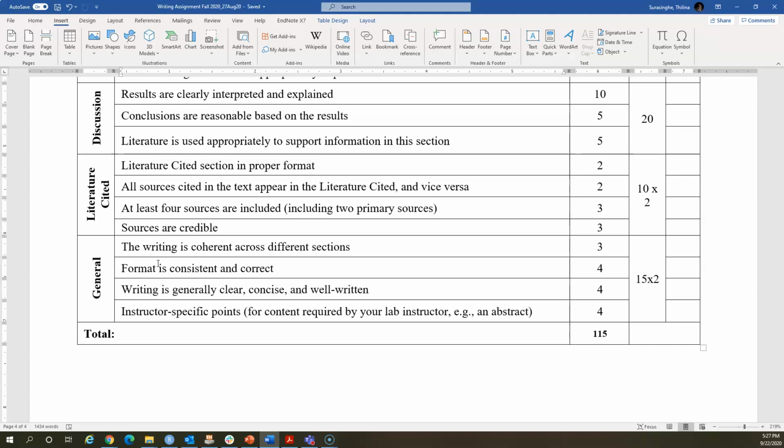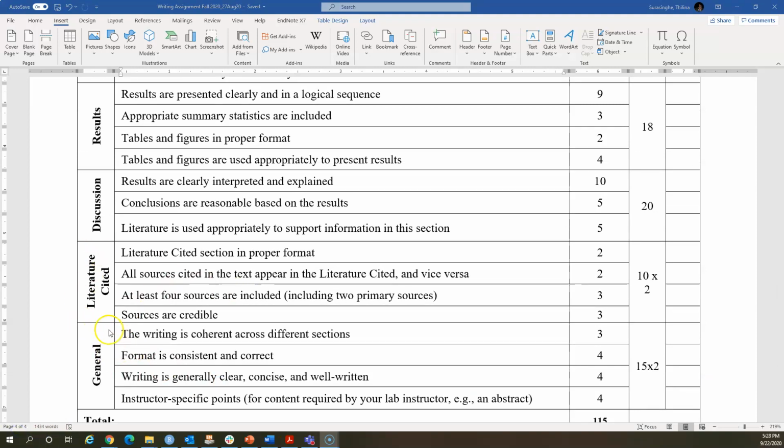And then generally, writing coherent, complete sentences, well formatted and well written, is what I expect. Also, if you do anything in addition, if you take an extra step, I will provide bonus points. So if you work hard, I'm going to honor that.